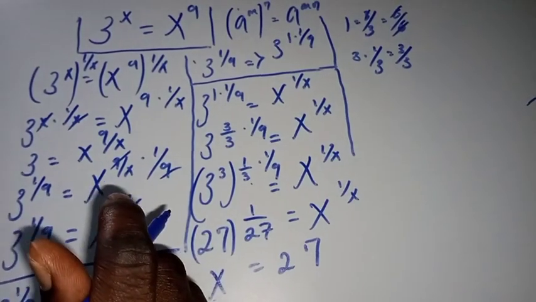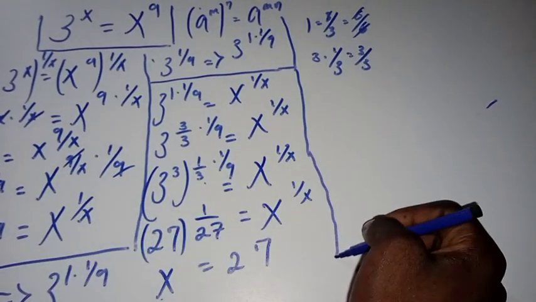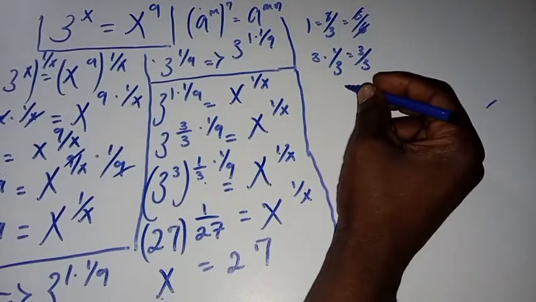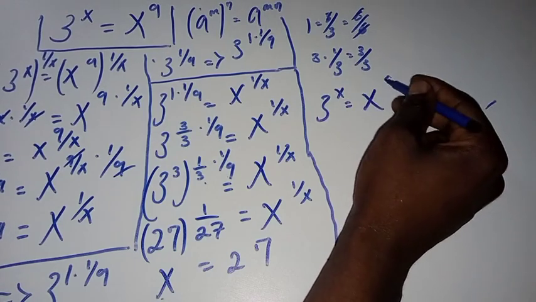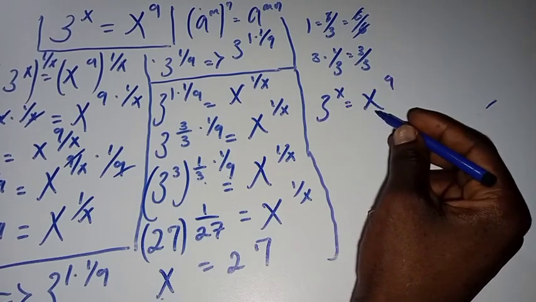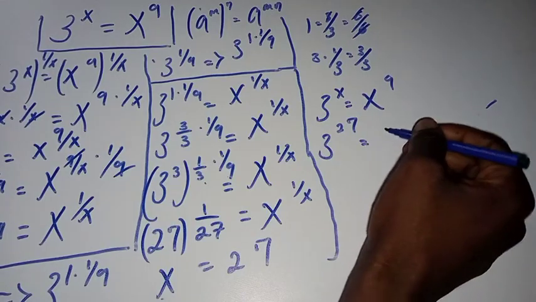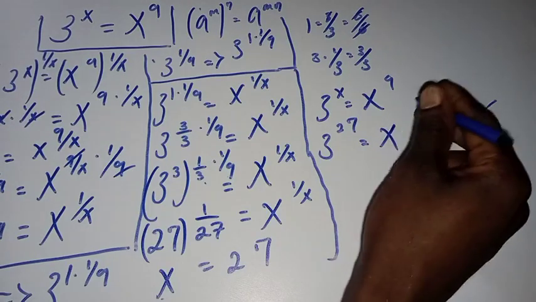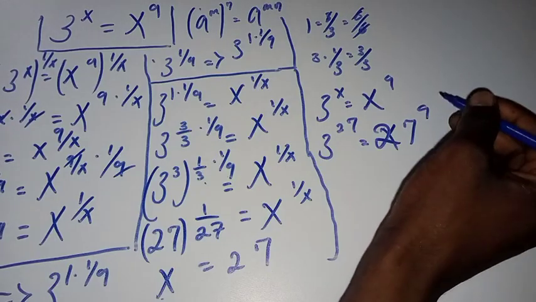Okay, we can also decide to verify the expression. Let's go back to the main equation, which is 3 to the power x equals x to the power 9. So substituting the value of x, we have 3 to the power 27, and then 27 to the power 9.